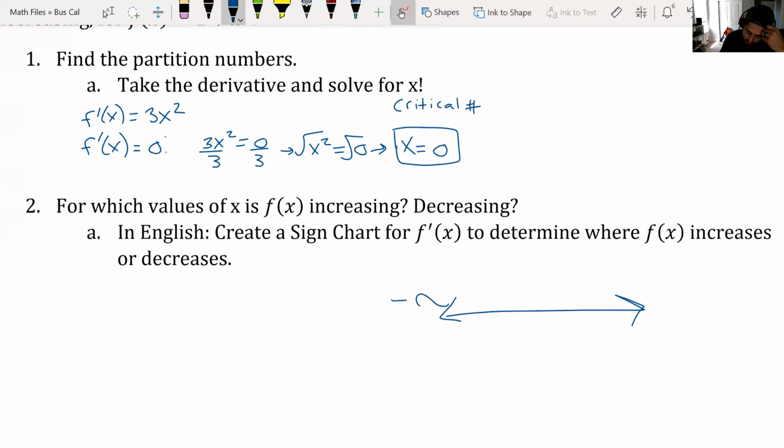Here's my number line. There's negative infinity. There's positive infinity. And there's 0, my partition number, my critical number. Now make your intervals. Negative infinity to 0, 0 to infinity. These are my intervals. And now you pick test numbers.